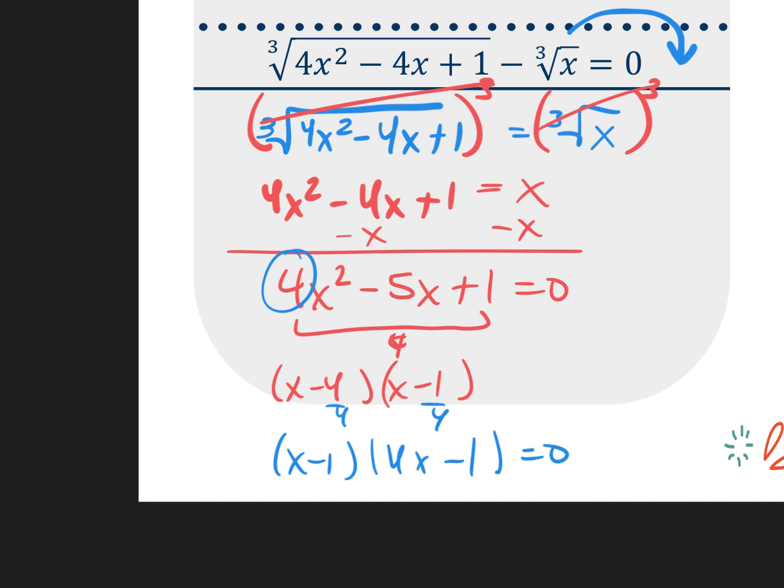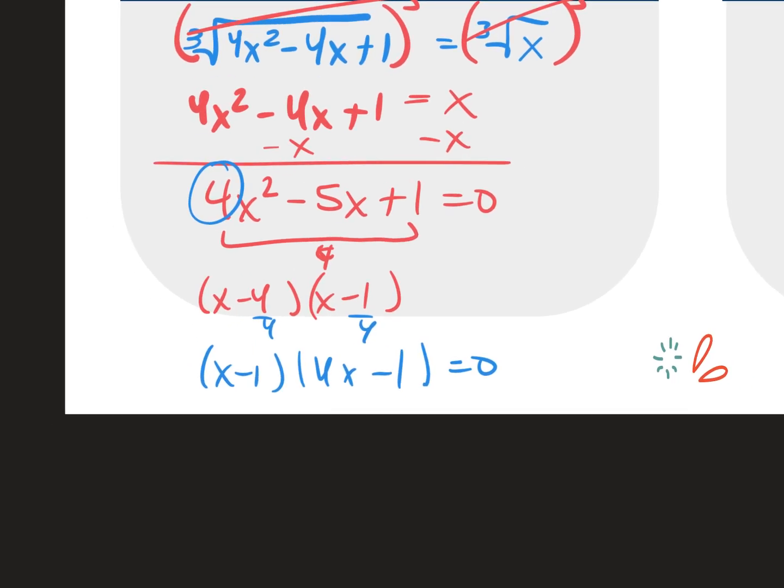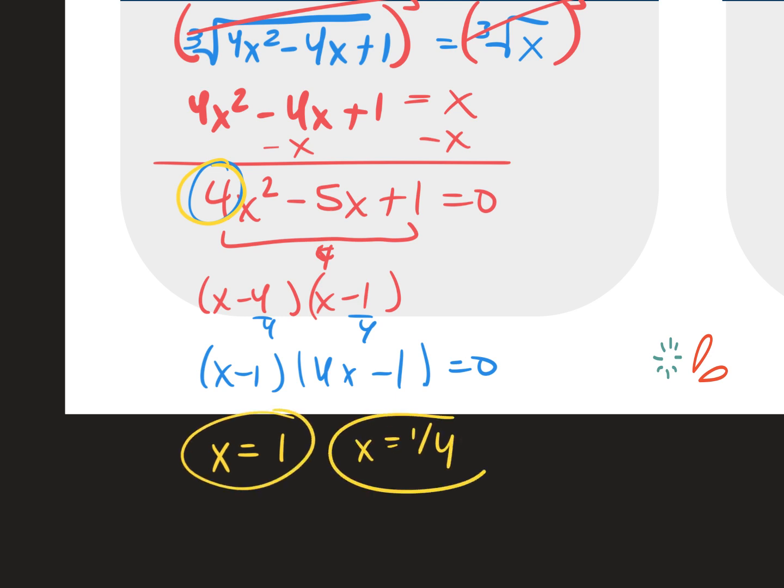What's the next step? Solve it. What are my two x values? 1 and 1/4.